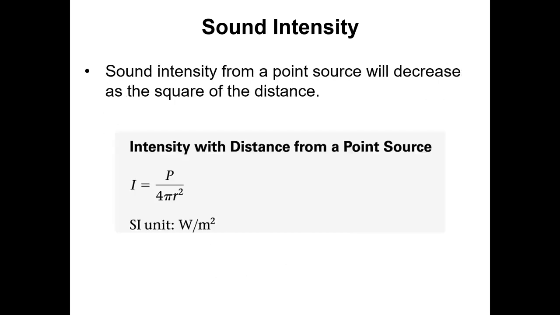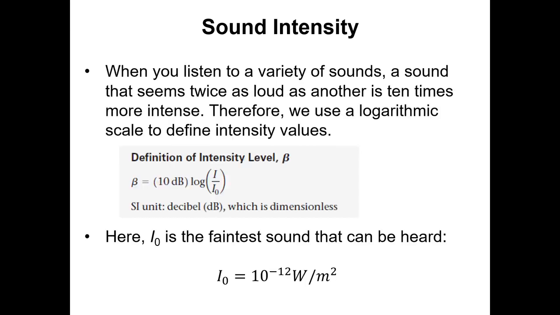Okay, so that is the sound intensity. When we talk about sound, however, we like to talk about the sound intensity level because it's a more convenient scale. The intensity is I, and the sound intensity level is called beta. It's on a logarithmic scale, and I will tell you in a moment why that is. If you listen to a variety of sounds, a sound seems to be twice as loud as another one if it is 10 times more intense.